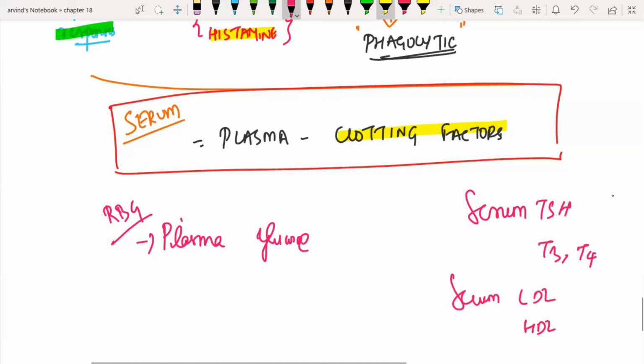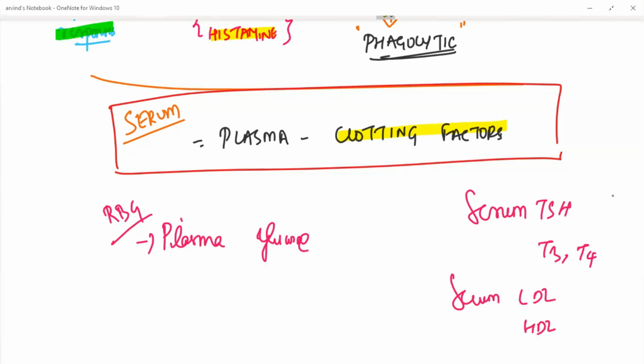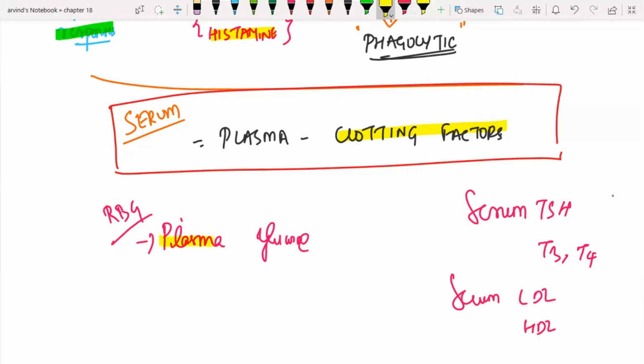So for some components, they take just the plasma, which means they draw the blood from the patient and preserve it as it is. But for some components, they remove the clotting factors because they need the blood for a longer time. So out of the blood or from the plasma, if I remove the clotting factors, it is called serum. If I maintain it as it is, it is called plasma. Right? This sometimes becomes the examiner's favorite, so just know this point.